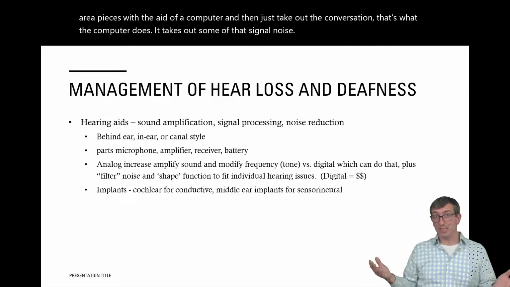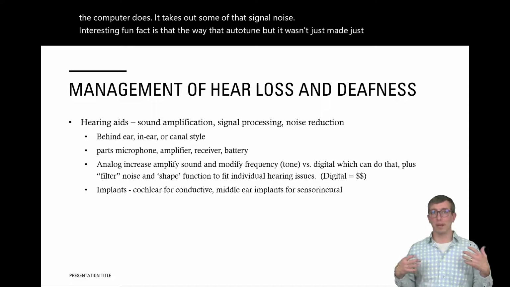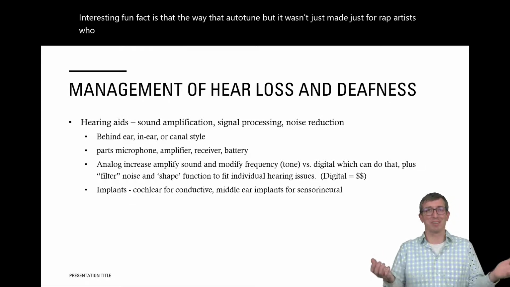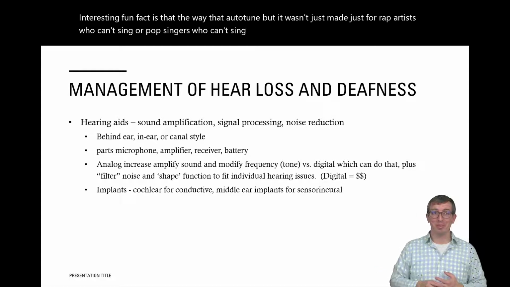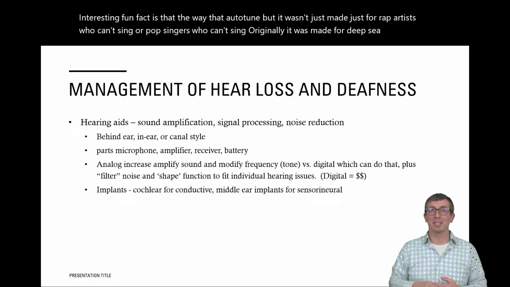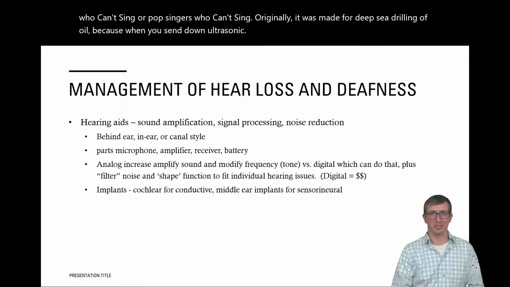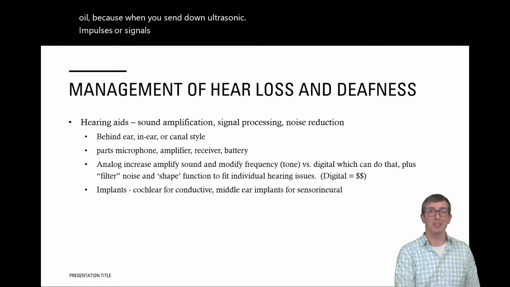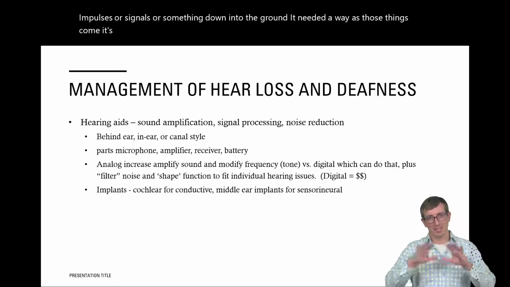Interesting fun fact: autotune wasn't made just for rap artists or pop singers who can't sing. Originally, it was made for deep sea drilling of oil, because when you send ultrasonic impulses or signals down into the ground, it needed a way to interpret them. Let me say this a different way.